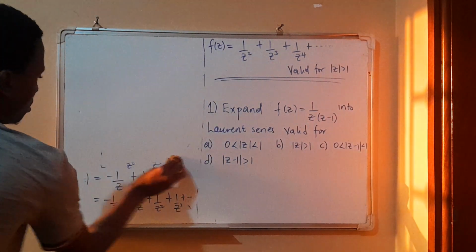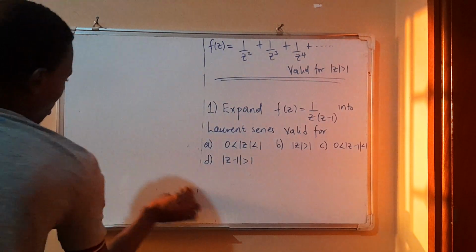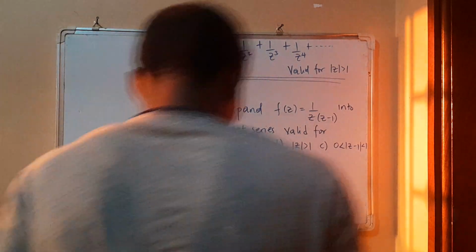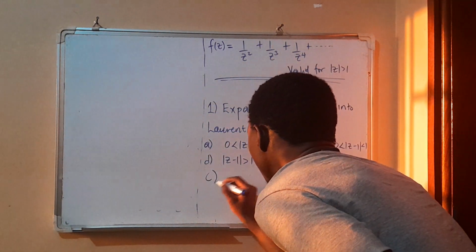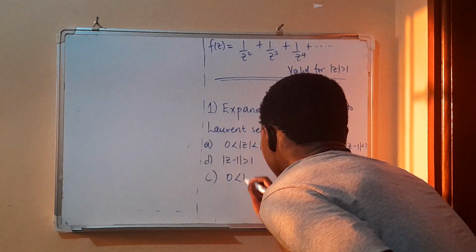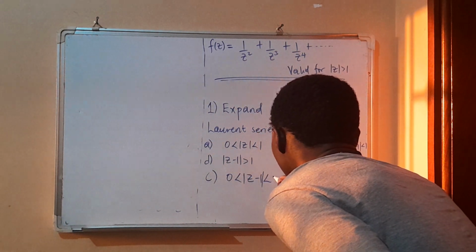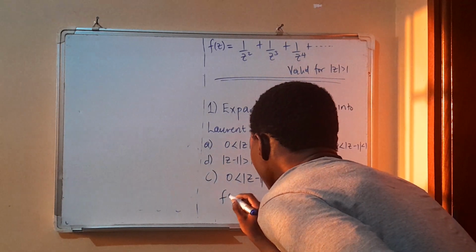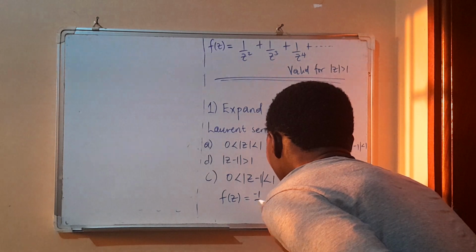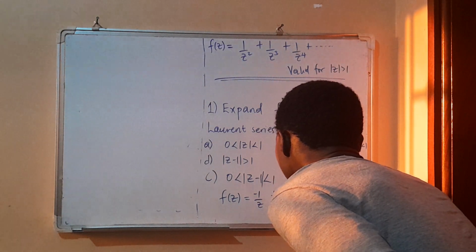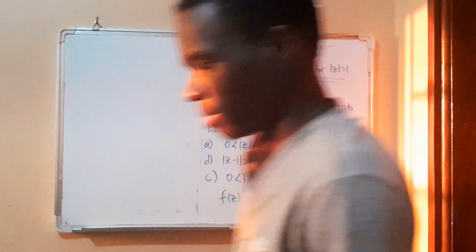Part C requires us to obtain the series representation. But you need not forget how our function looks. Our function is f of z equals negative 1 over z plus 1 over z minus 1.